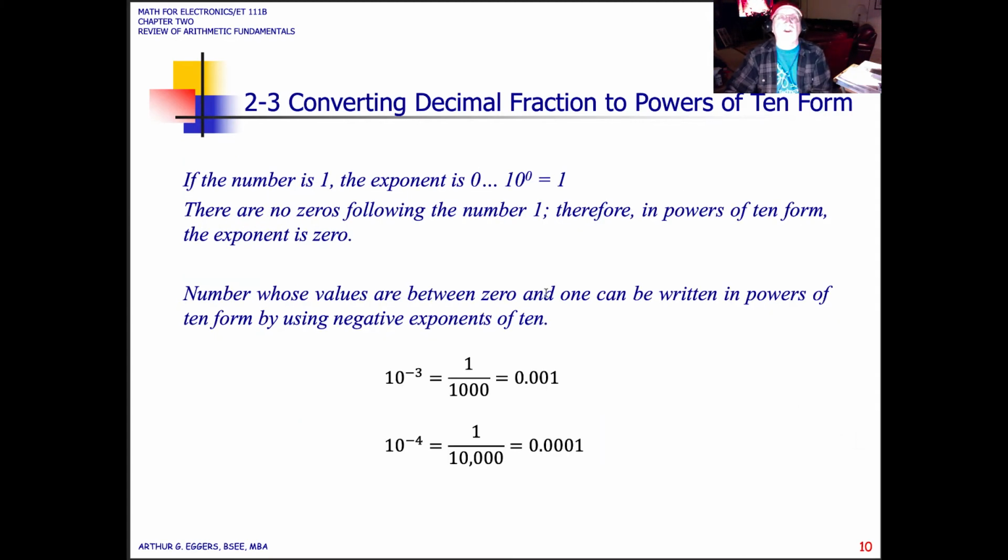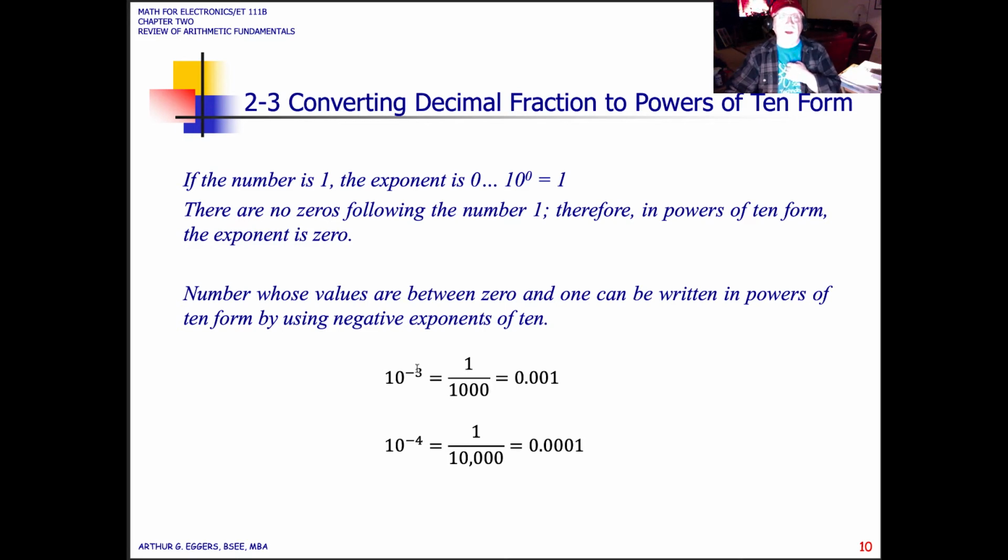If the number is 1, the exponent is 0. 10 to the 0 equals 1. So if we look at other values here, 10 to the minus 3, that means that the 1,000, in this case, goes into the denominator and immediately becomes a 1/1,000 value.